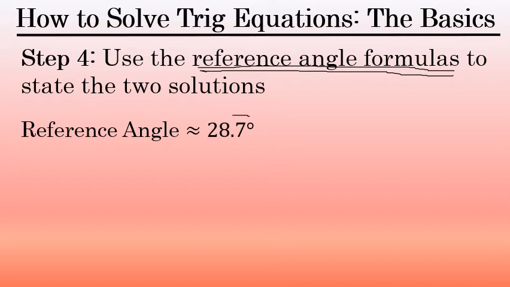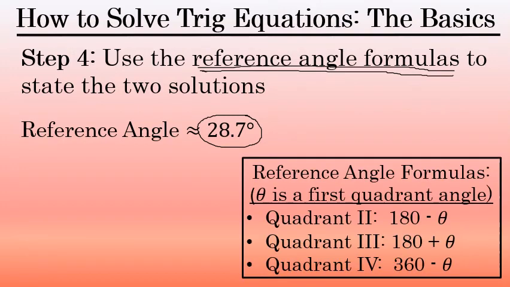Remember, in step 3, we found our reference angle, 28.7 degrees, and in step 2, we found that our solutions between 0 and 360 degrees are in the third and fourth quadrant. The reference angle formulas are these. If theta is a first quadrant angle, in this case it is 28.7 degrees, to find the associated angle in quadrant 2, you'll take 180 minus theta.